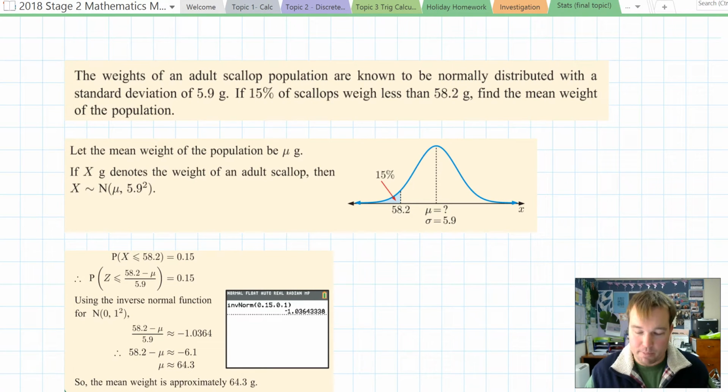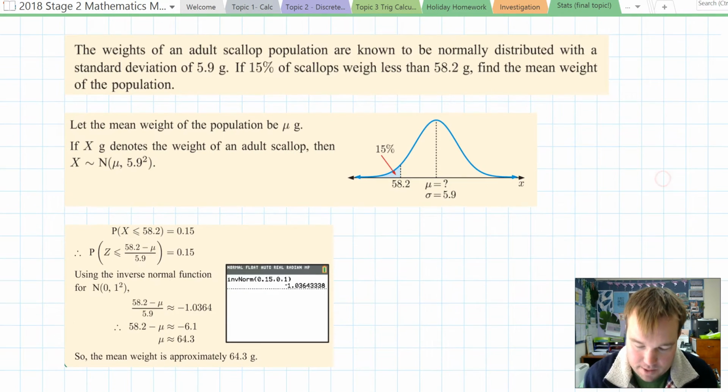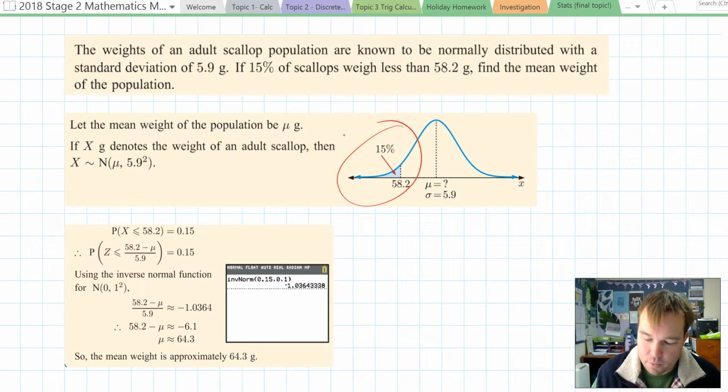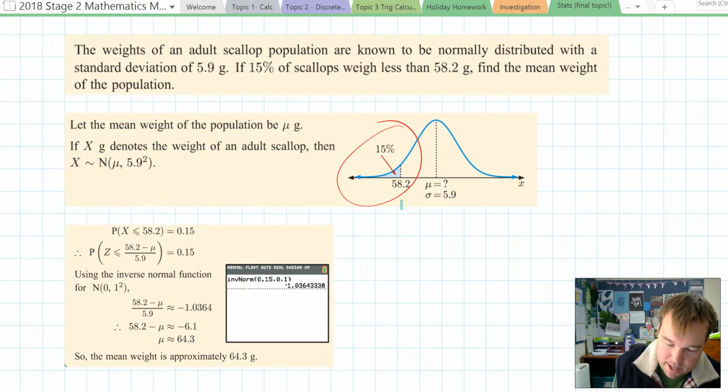Weights of an adult scallop population are known to be normally distributed. Here is another example. We're thinking, okay, so here we're given a quantile effectively and asked to find the mean. And what we can say is, well, we've got a nice diagram, and this diagram is saying that the probability that x is less than or equal to 58.2 is 0.15.